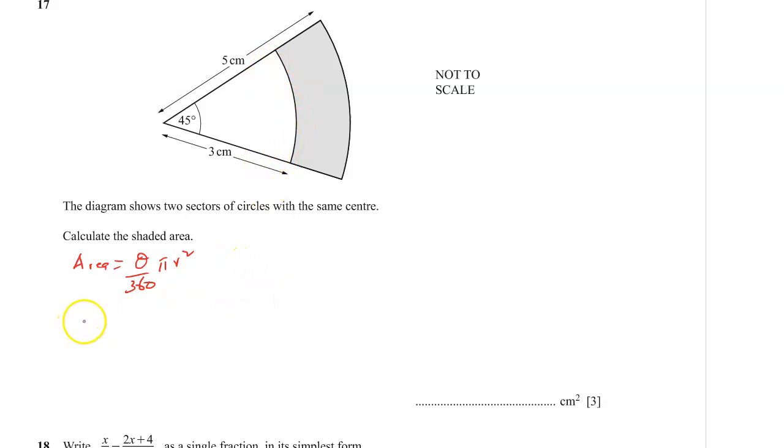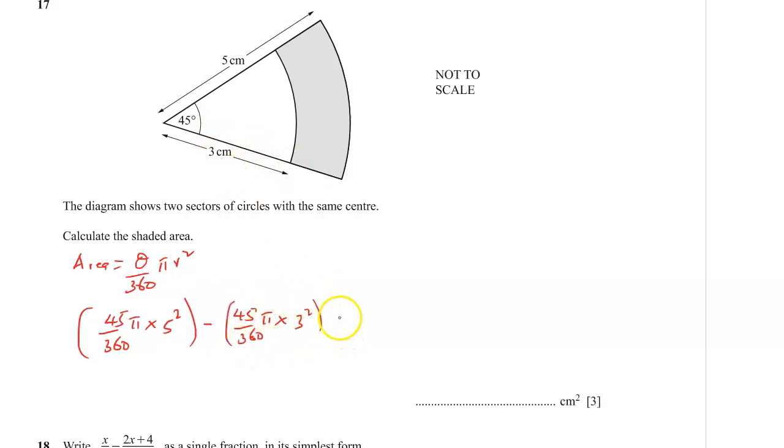So theta is 45. So 45 upon 360 pi times r is 5 for the larger one, 5 squared, and in brackets you take away 45 upon 360 pi times the area of the smaller one, which is 3 squared.